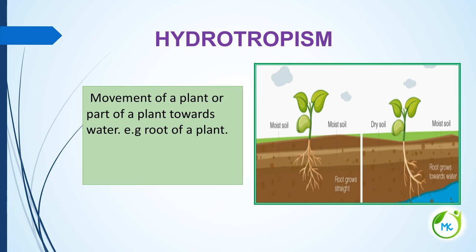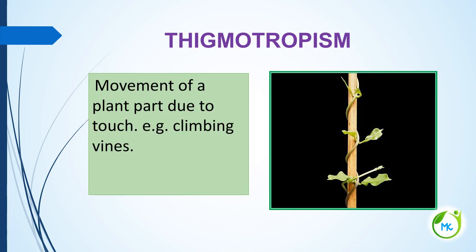The movement of a plant part, that is the root, is going towards the water. In case of moist soil, the root grows straight, whereas in case of dry soil you can see the root of a plant grows in search of water. So this movement is called hydrotropism.